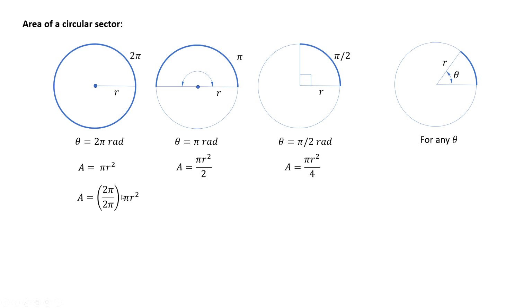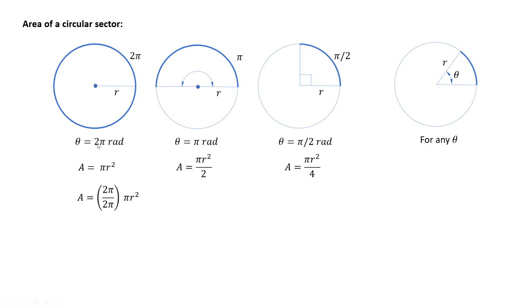When theta was 2 pi, did we get A to be 1 times pi r square? However, when the angle was pi, we have 1/2 of pi r square. When the angle is pi half, we have 1/4 of pi r square. Does that give you some kind of a pattern?